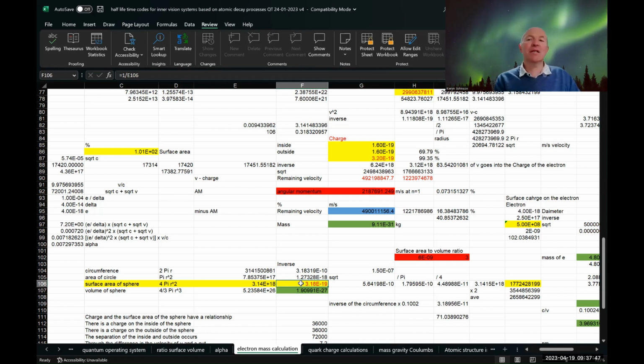And that just doesn't make sense to anybody, but that's what the numbers specify. If you do 4 pi r squared calculation of 2e to the negative 9, then you'll end up with 3.18e to the negative 19, and that's essentially double the 1.6e to the negative 19.